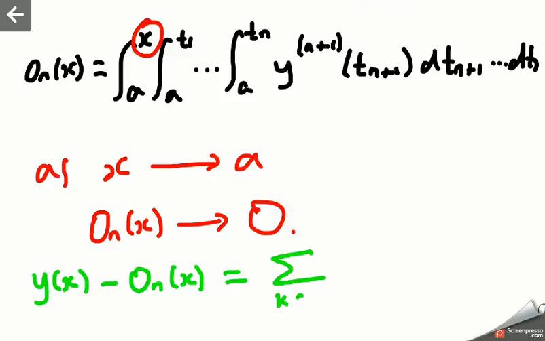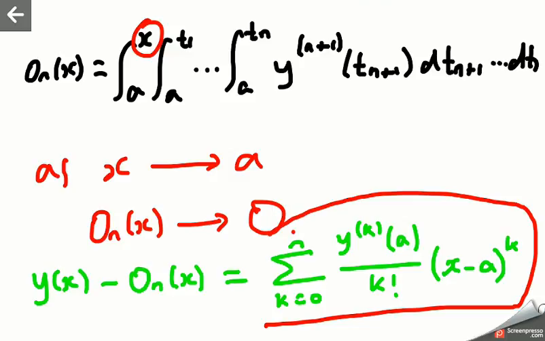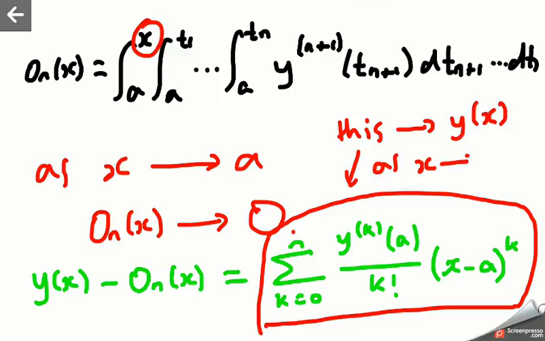And hence, since y of x minus Rn of x is equal to the sum from k equals 0 to n of y differentiated k times at the point a divided by k factorial times (x minus a) to the power of k, this thing here gets closer and closer to y of x as x gets closer and closer to a.